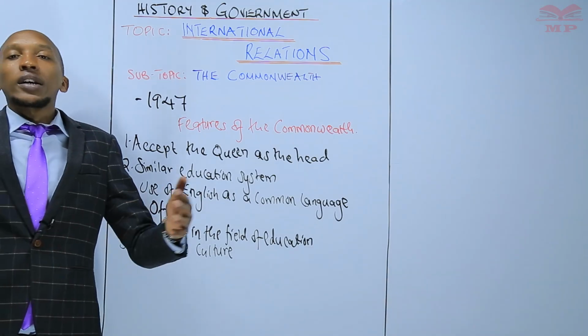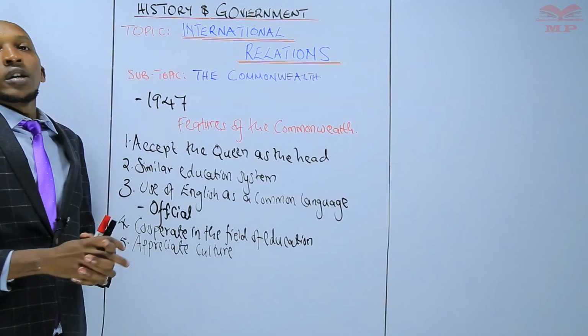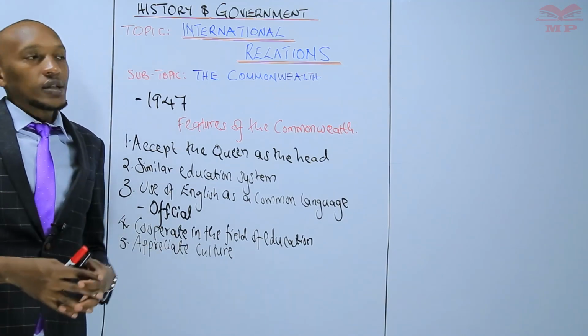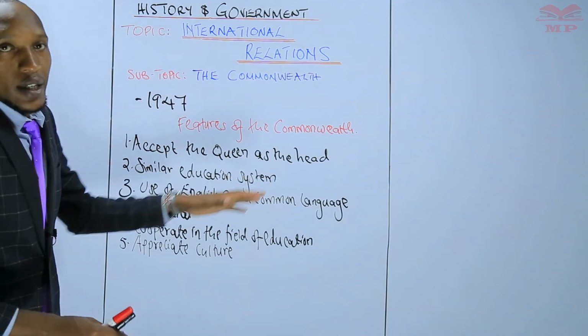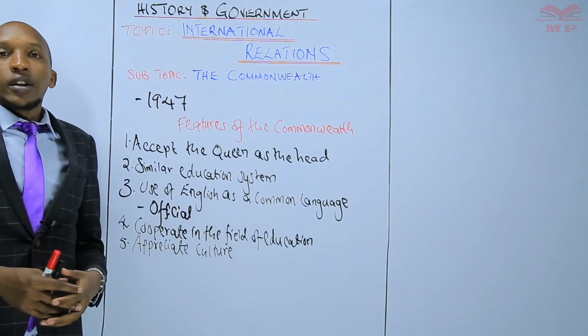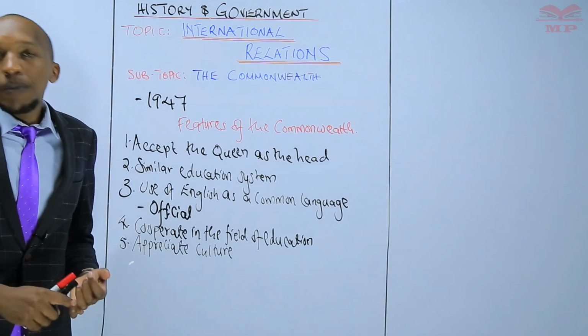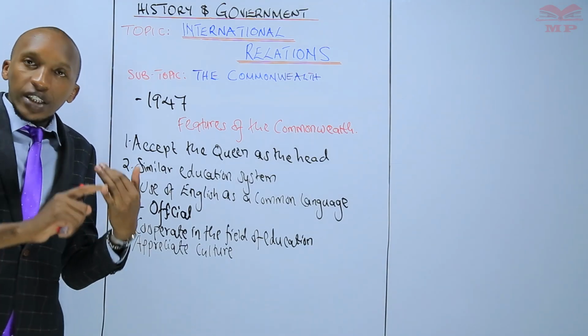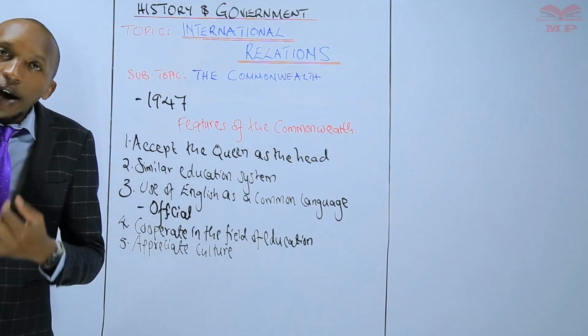Remember, these are different nations. As we mentioned in our previous lesson, there are so many members of the Commonwealth who are drawn from different regions. For example, in Africa, we have members of the Commonwealth in West Africa, in East Africa, and in South Africa.